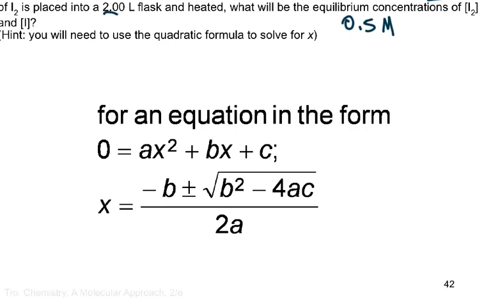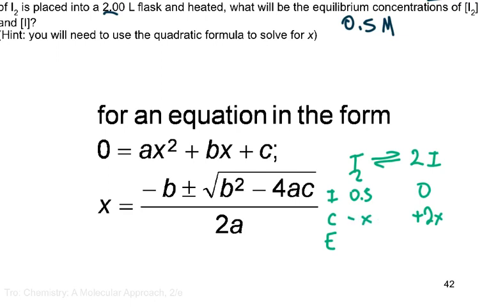Our equation, let me change color so it's easier to pick up, is I2 in equilibrium with 2I. Our initial, we have 0.5 and 0. Then we have a change, and equilibrium, we're going to be going this way, so plus 2x, minus x.